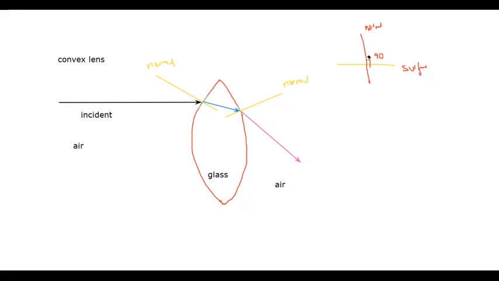If another light strikes the surface, so this is a convex lens, and the light strikes the surface exactly along the normal, what will happen?